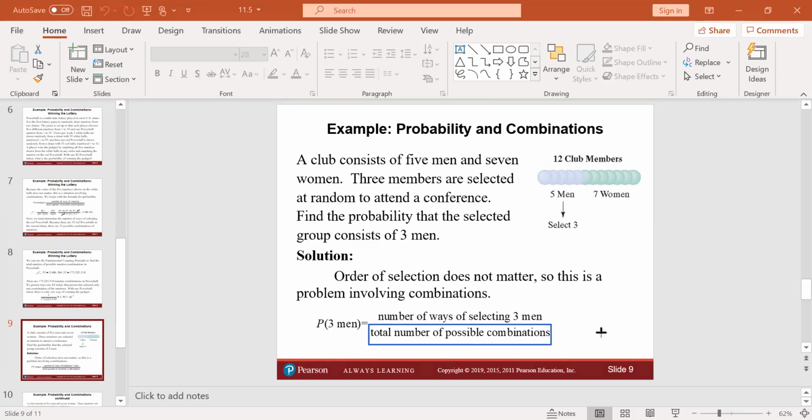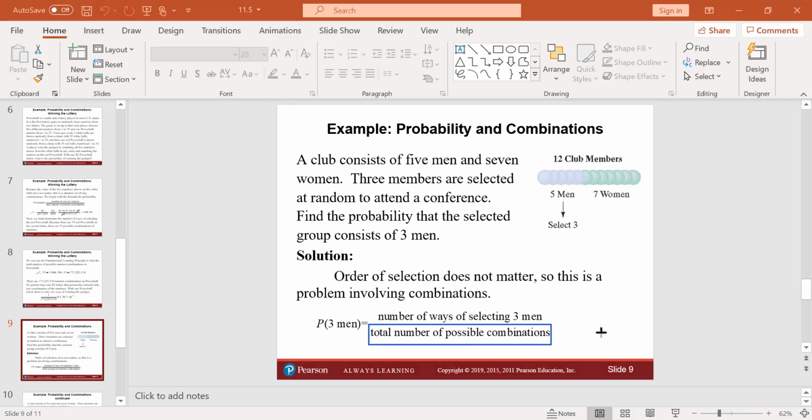Now, these are just members going to a conference. You don't have a president, a vice president, and a social media correspondent who just posts stuff to Instagram or whatever. No, that's not what's happening. You just have 3 members who are all the same. So this is a combination. We are in combination territory here, folks.